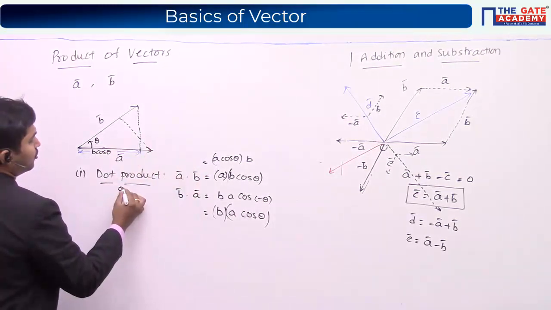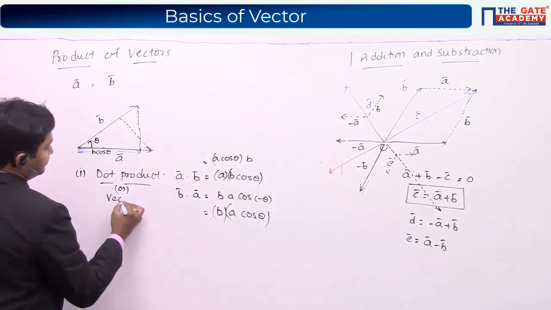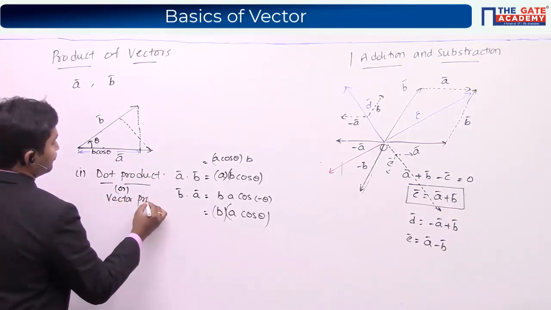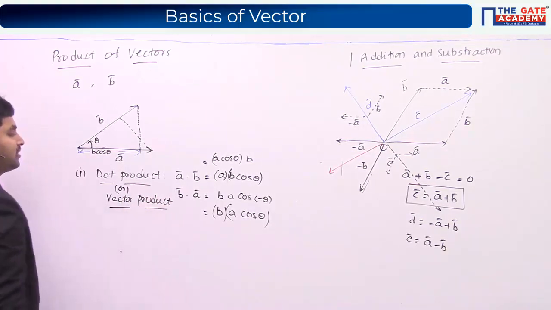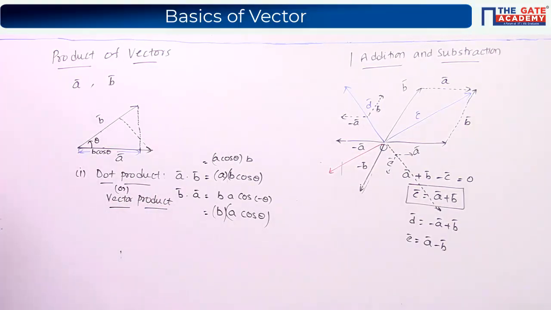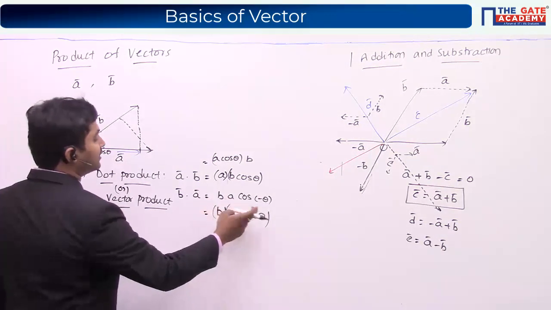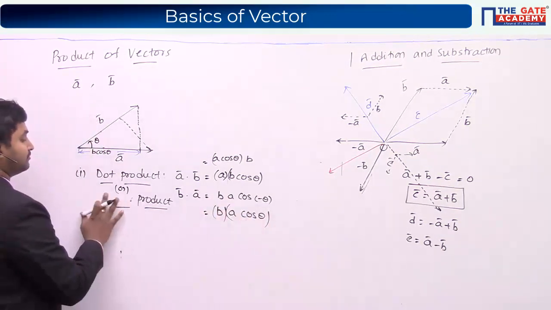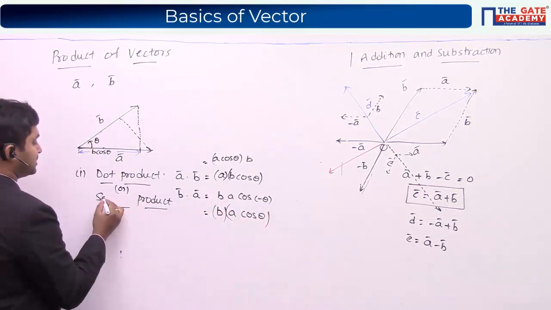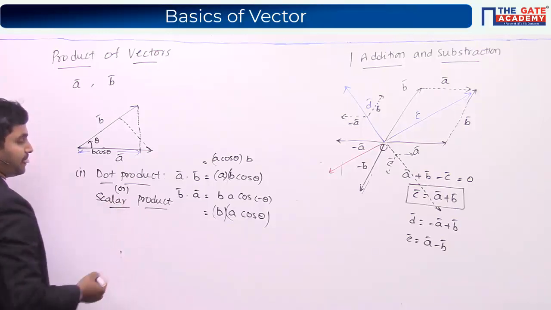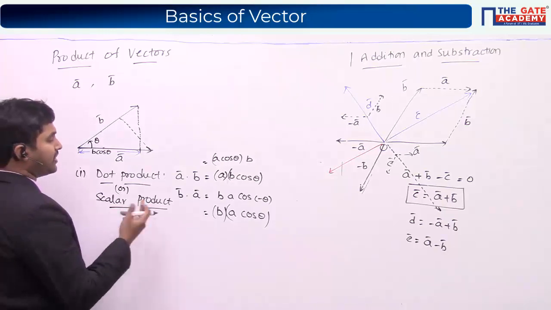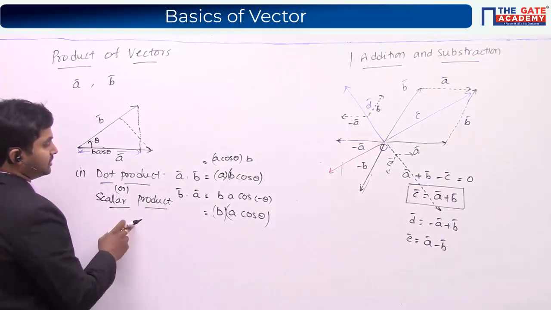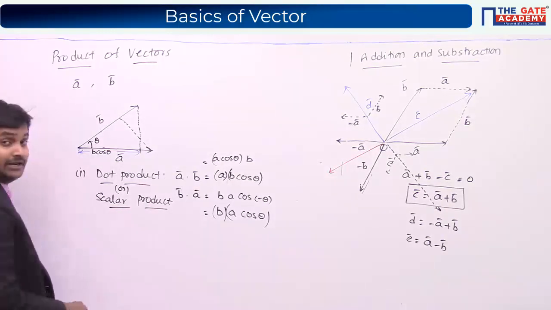One more name for the dot product is the scalar product. So B dot A is given by B multiplied by A multiplied by cos theta. Why are we calling it a scalar product?